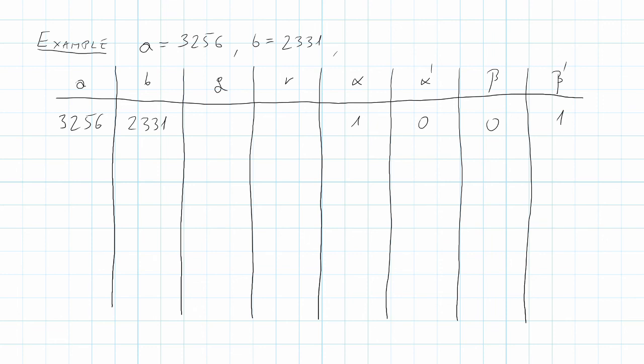Already in the previous example, we computed the remainders, and I computed the quotients too, by the way. So here the quotient is 1, the remainder is 925. And what we do is we replace the respective elements. So B comes here, the remainder comes here.